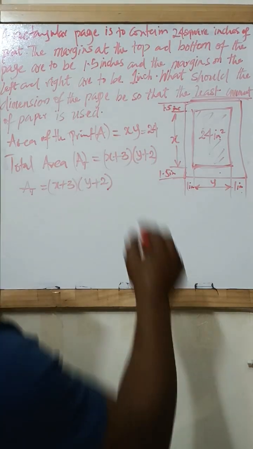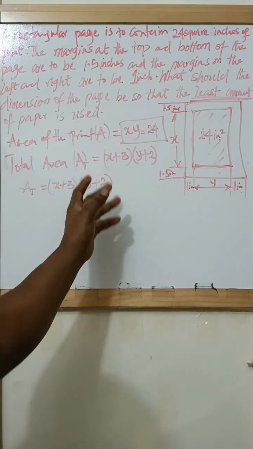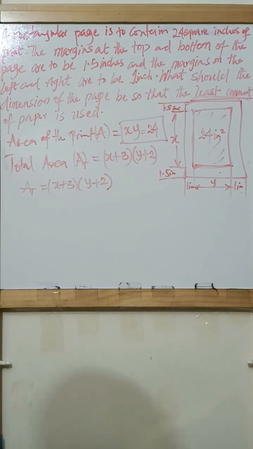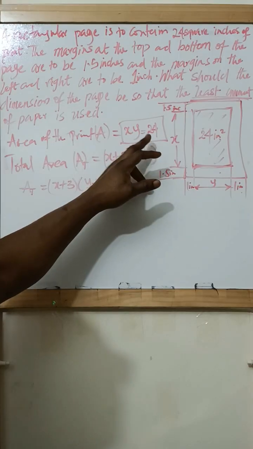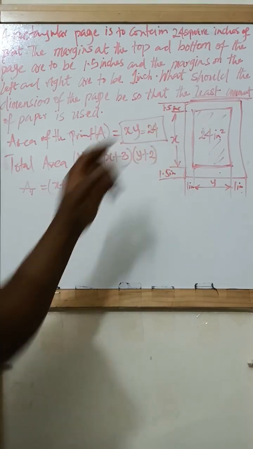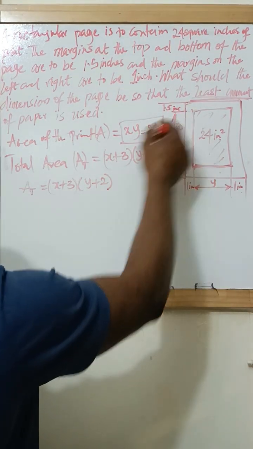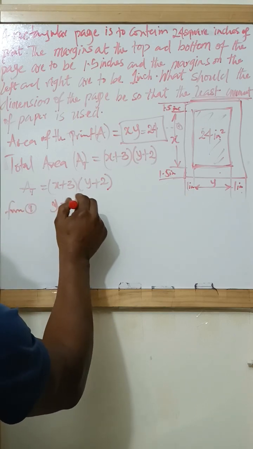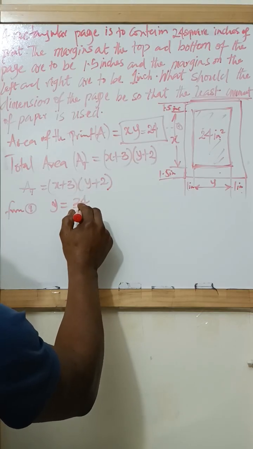But we have this equation that can help us express this in terms of one variable. It will enable us to replace y or x, either of the two, with whatever we get from here. So if this is equation 1, from 1, y is equal to 24 over x.